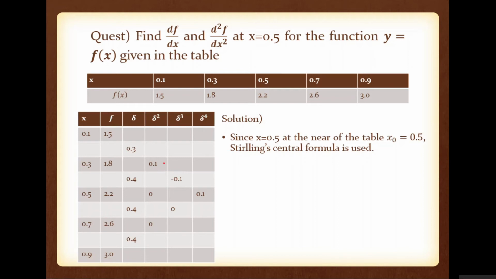Now by using this central difference table, we have to find the value of df/dx and d²f/dx² at x = 0.5. So first we need the extrapolation formula given by Stirling. So what is Stirling's formula?